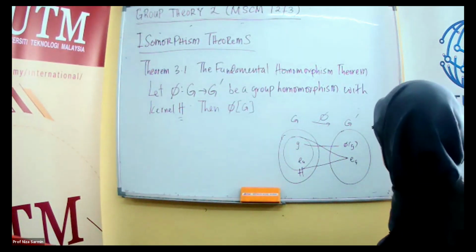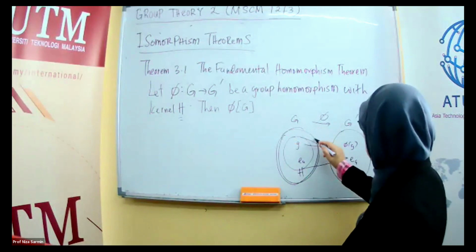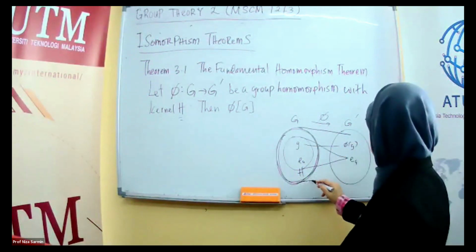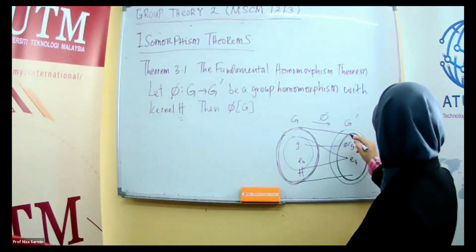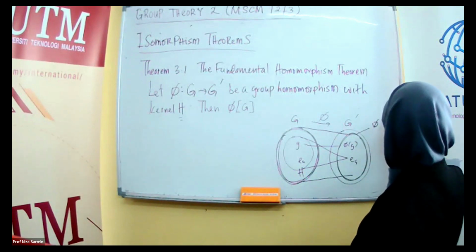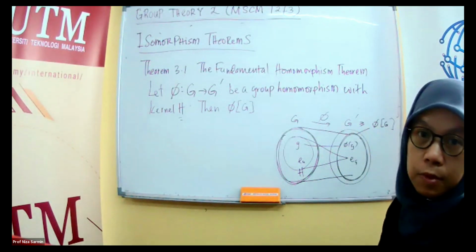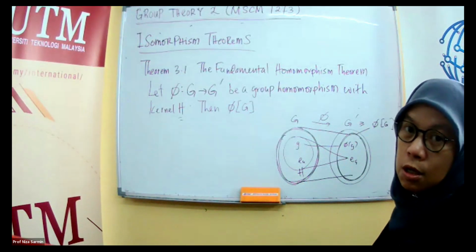Now you can have the image be the whole G prime, or this is mapped to only a part of G prime. It might not be the whole, right? The image might not be the whole.